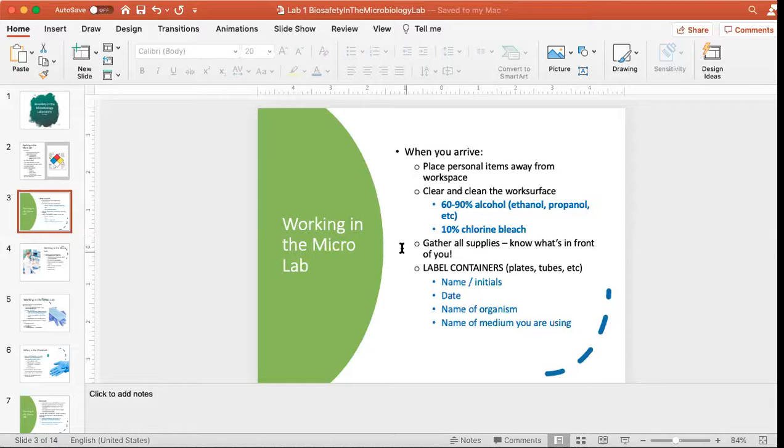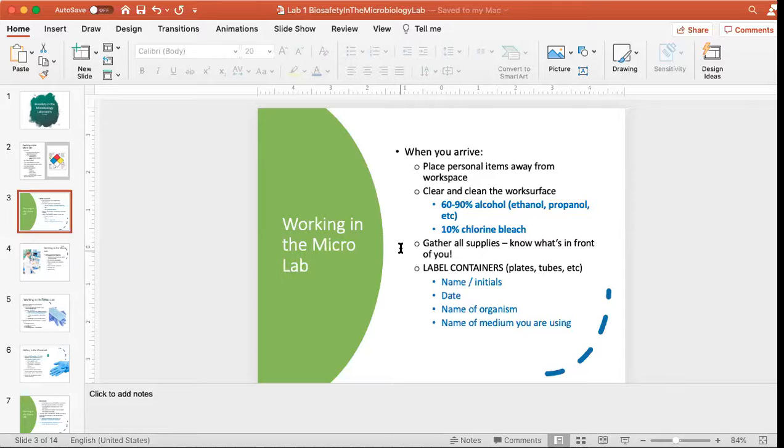Now, anytime we go to work in a laboratory, it's also really important that we gather all our supplies before we get started. I'll be talking about that this semester as we do laboratory exercises together over Zoom. The last thing you want to happen is for you to get started on an experiment and have your hands full and be doing some critical step in an experimental protocol, and you realize that you don't have something that you need.